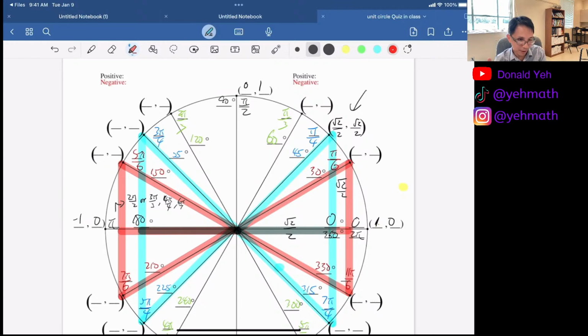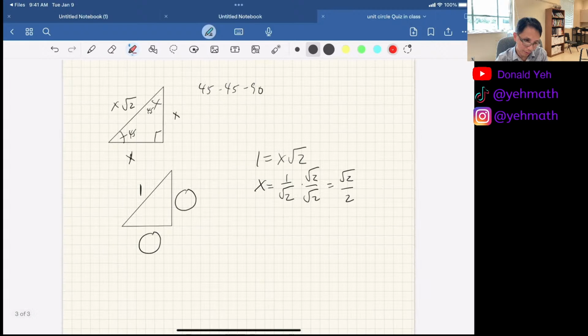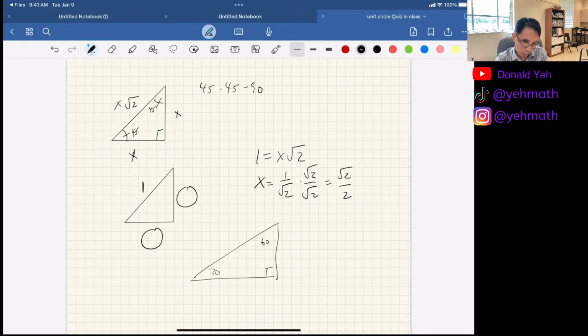So this becomes a 30, 60, 90 triangle. So that 30, 60, 90, again, go back to original geometry. If you have a 30, 60, 90, well, according to the ratio, this is 2x, and this is x, and this is x times square root 3.